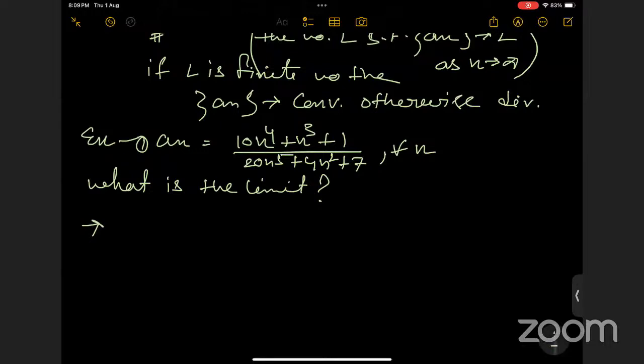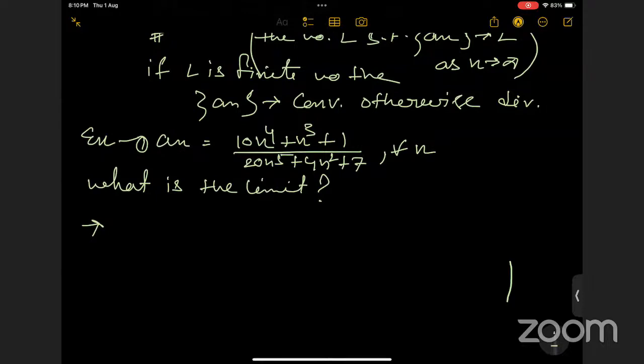It's a pretty simple question. So you have to find the limit of the sequence. What will be the limit? Zero. Is it n power 5? Yeah, n power 5. 10 into n power 4 plus n cube plus 1 over 20 n power 5 plus 4 n square plus 7.